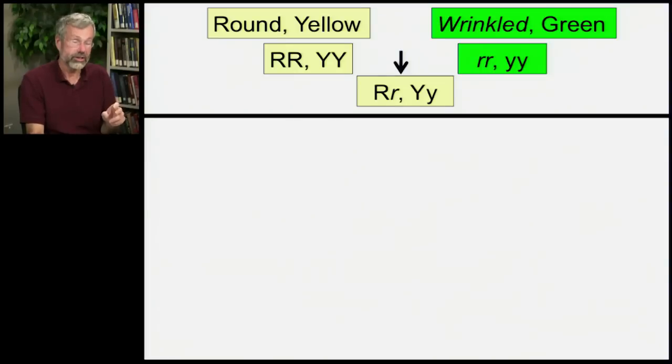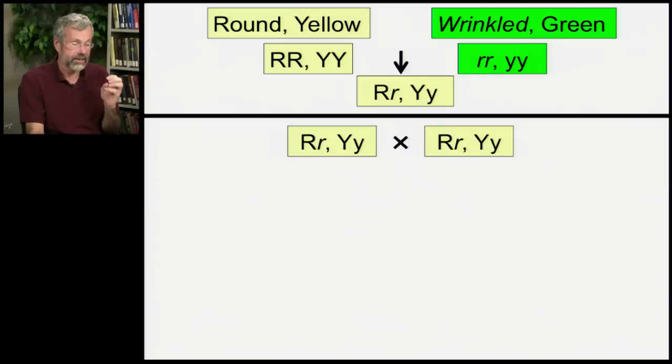So if we look at our pedigree again, our round yellow is pure breeding, so it's a double homozygote, and our wrinkled green is also pure breeding, so it's double recessive. We cross them, and all the F1 generation is double heterozygote. It's heterozygote for the round wrinkled locus or gene, and it's heterozygote for the yellow gene.